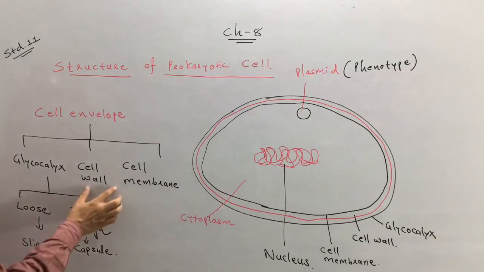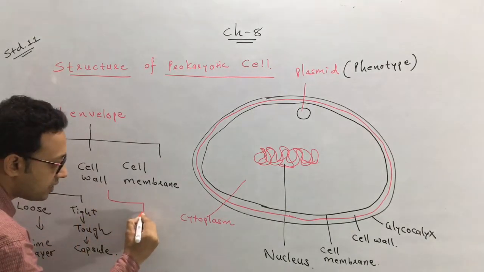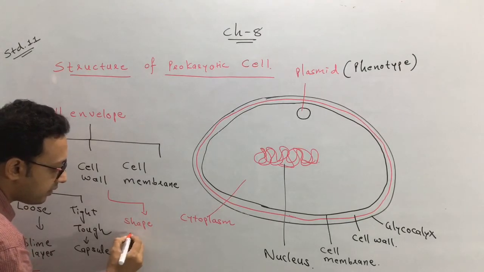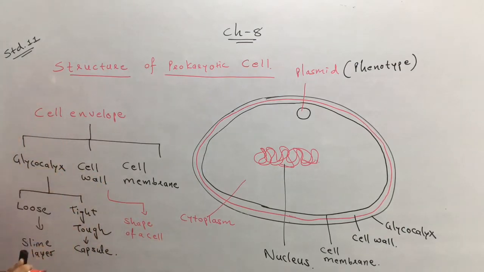Now the middle layer is the cell wall. The function of the cell wall is that it gives a shape to the cell. The shape of a bacterial cell is due to the cell wall.